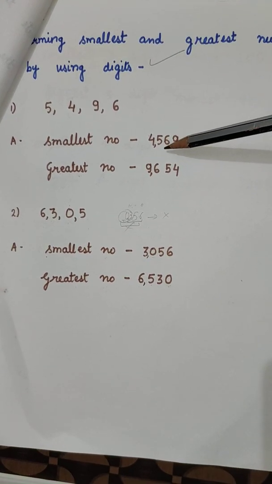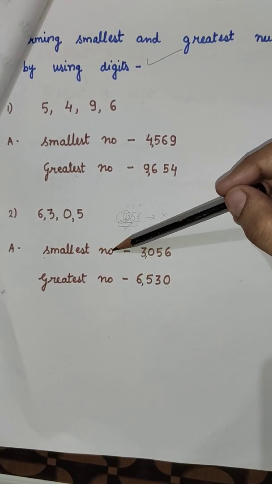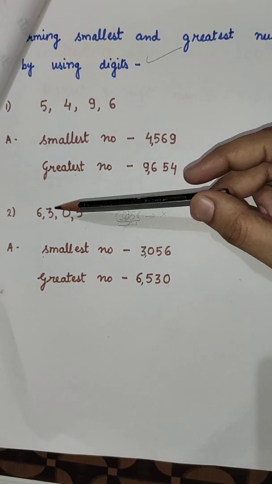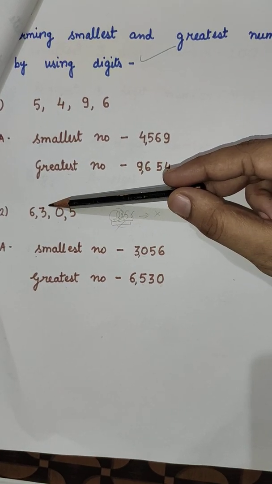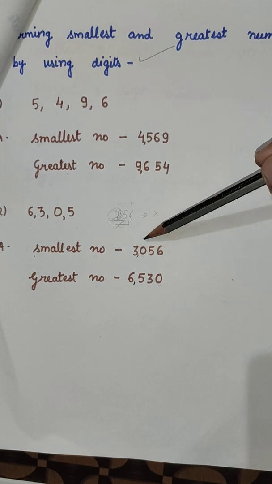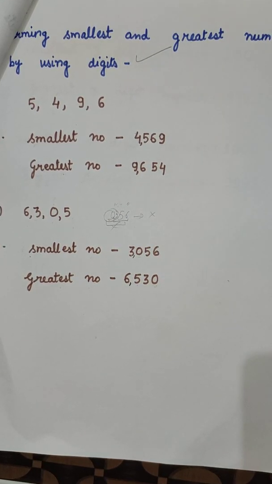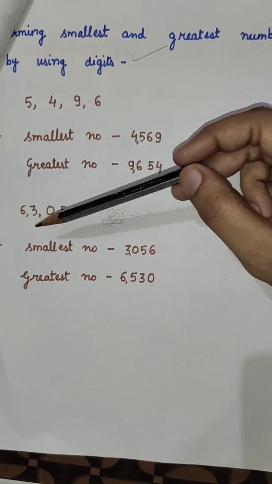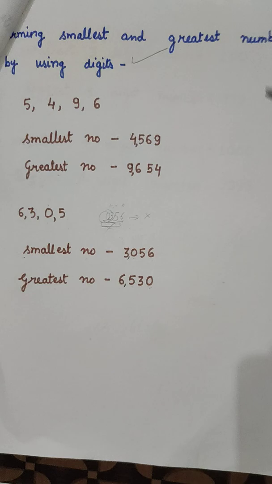And if a 0 is there, don't get confused. When you form the smallest number, first of all write down the smallest digit given. After that put 0, and after that all the other digits. And for the greatest number, don't be confused. Write down the greatest digits, and at last you will write 0.